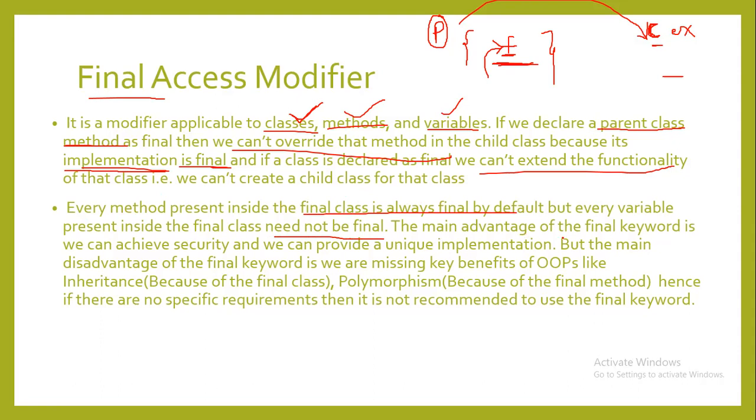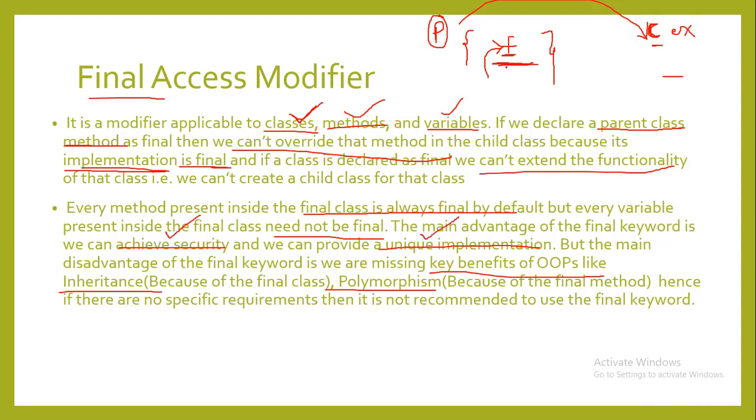The main advantage of the final keyword is that we can achieve security and we can provide a unique implementation. But the main disadvantage of the final keyword is that we are missing key benefits of OOPS like inheritance and polymorphism. Some of the advantages of the final keyword are that it helps in achieving security and also helps in unique implementation.